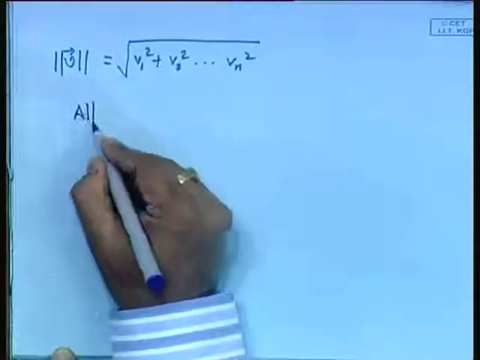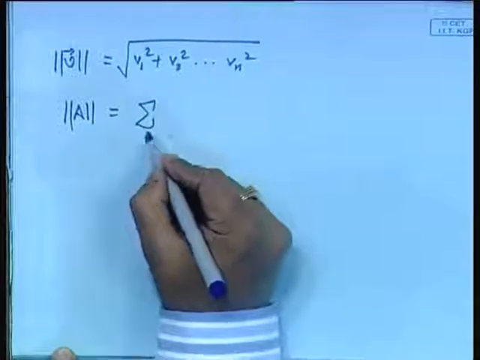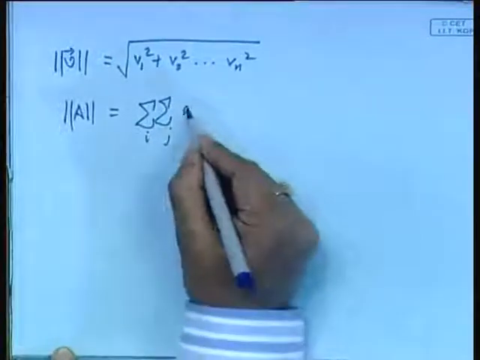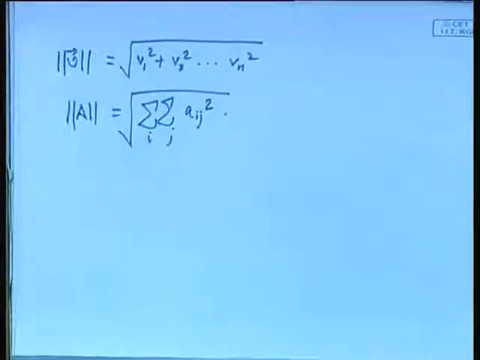So similarly, the Frobenius norm of a matrix: you take all the elements of the matrix, square them and add them. This is called the Frobenius norm of the matrix.